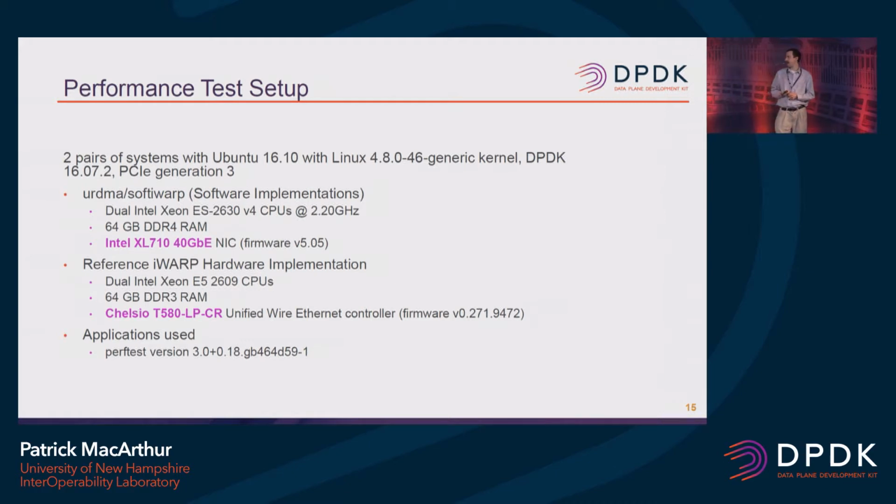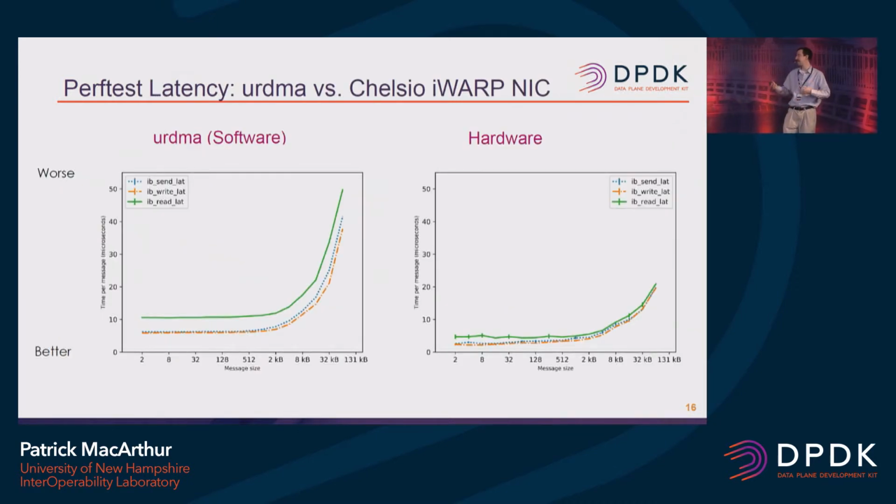For this evaluation, I'm using the Chelsio NIC as the base, as kind of the ideal point, not expecting urdma to necessarily reach that.